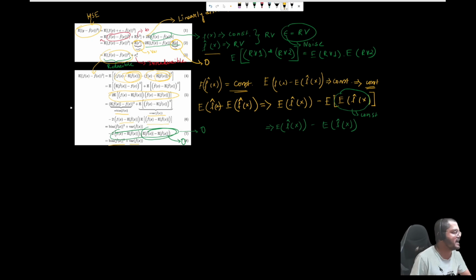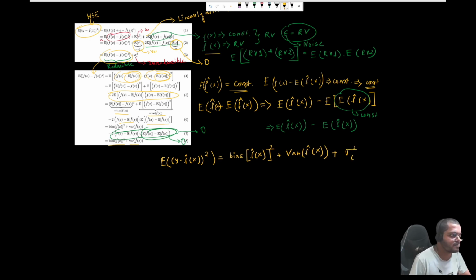What I was trying to derive, as the MSE: E of (y minus f hat x) whole square equals, now what I have actually, the bias of f hat x, this term squared, plus the variance of f hat x, plus this irreducible error term. This is what I was trying to get.